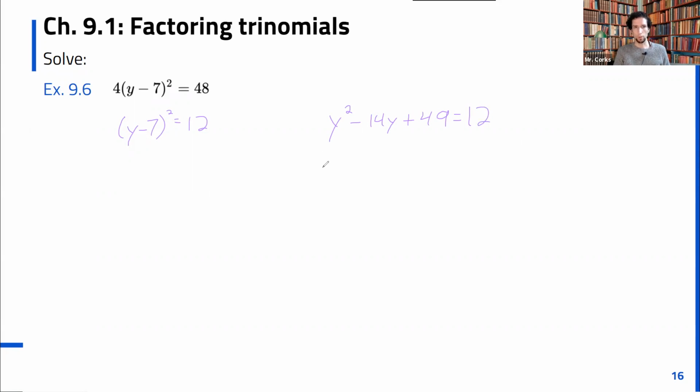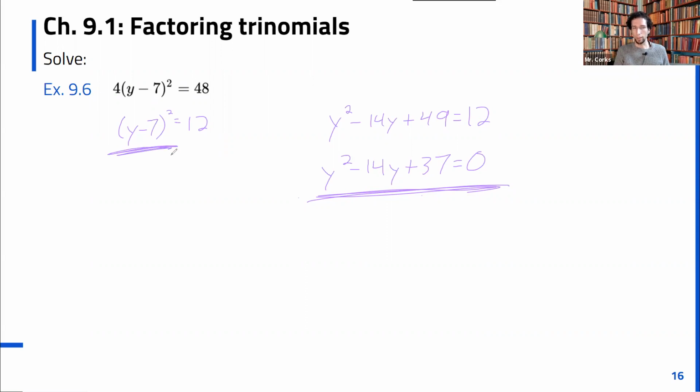And move this over, y squared minus 14y plus 37 equals 0. It's solvable, but we'd have to use the quadratic formula or something. It's a little more annoying.